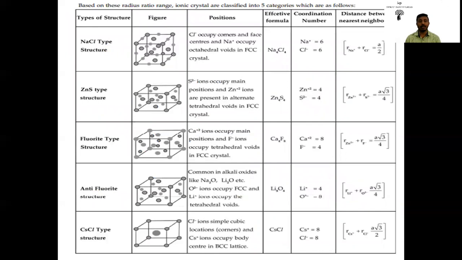Based on this radius ratio, ionic crystals are classified into 5 categories, which are as follows. NaCl type, which is also known as rock salt type.